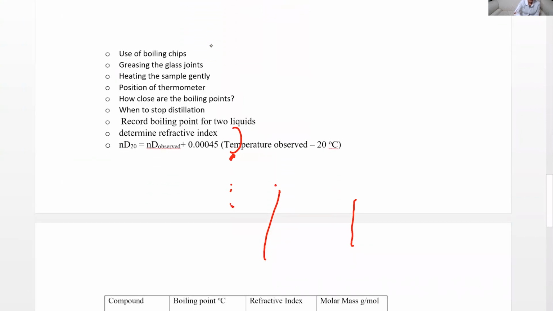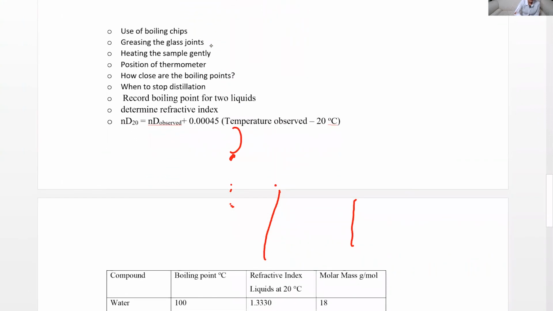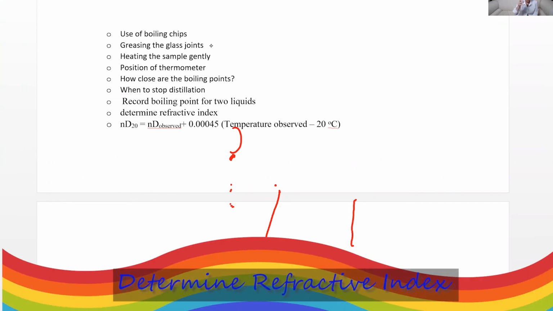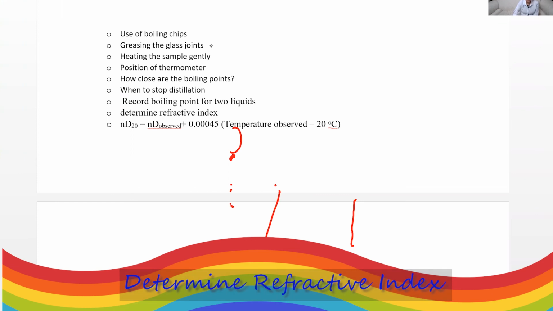And when you collect your distillate, you record the boiling point for the compound, or two compounds for fractional distillation, and you try to identify your compound.